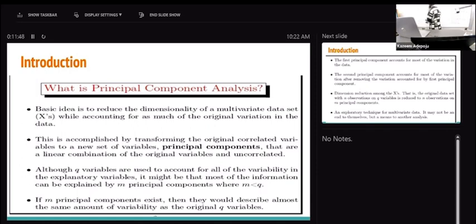Maybe I call them W, which is going to be a linear combination. I'm going to have W1, W2 until W10. And in each of those, I'm actually going to have this, which means every new principal component will still retain the old variables.